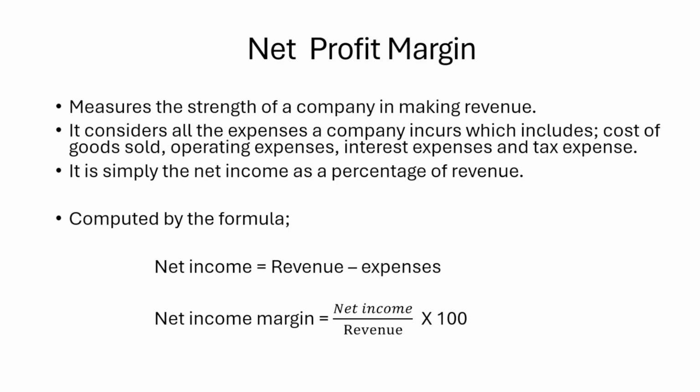Two things to take into consideration as we look at these margin ratios: they are simply percentages. So first we have to calculate the basic, which is the net income, revenue minus all the expenses the company incurs. Then the net income margin becomes the percentage of the net income over the revenue.